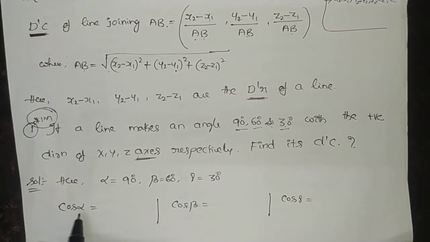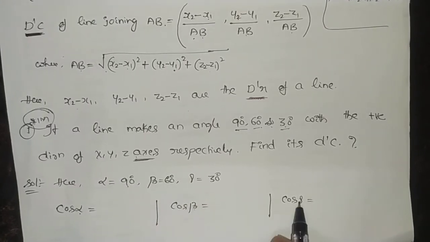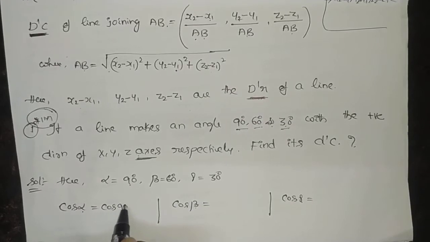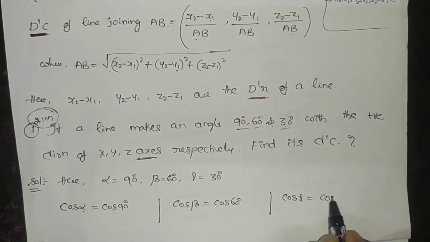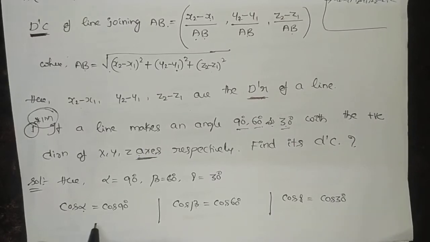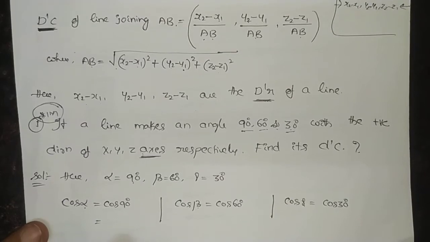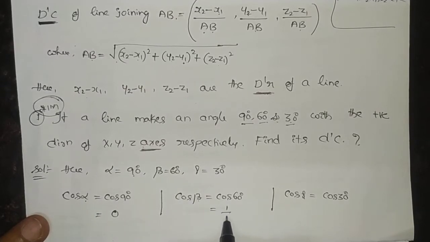We just substitute in place of alpha 90 degrees, in place of beta 60 degrees, in place of gamma 30 degrees. Cos 90 degrees, cos 60 degrees, cos 30 degrees. Now the value of cos 90 is 0. Cos 60 is 1 by 2.